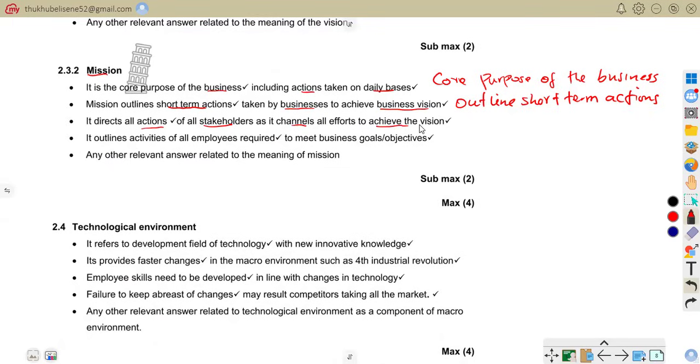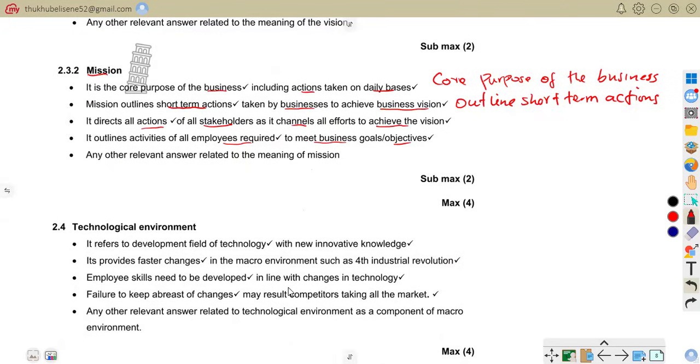It outlines the activities of all employees required to meet the business goals and objectives. So the mission clarifies what employees must do to meet goals.